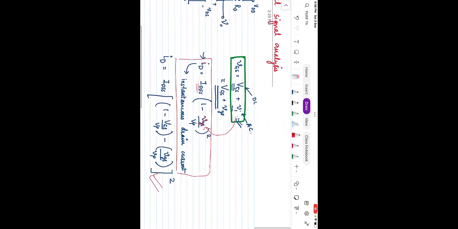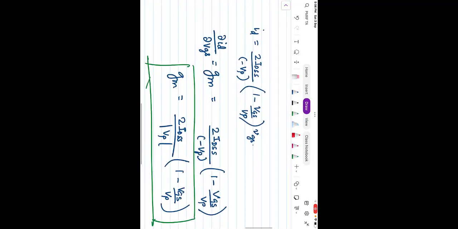Now to minimize this distortion, we have to follow this equation. So this can also be asked, like, to minimize distortion what needs to be done. So this is what needs to be done. Now the drain current is therefore given as the DC drain current plus the instantaneous current, right? So from here we can say that ID is basically written like this.